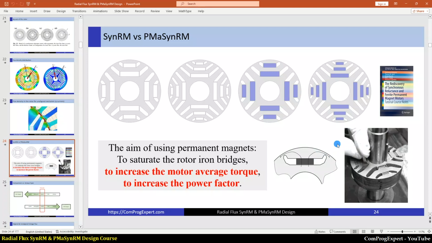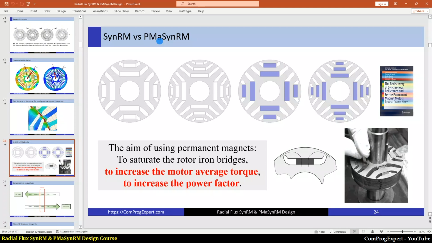And here the name is PM assisted. We are not designing an IPM motor. In an IPM motor, the main part of the output torque is alignment torque. So here in this case, the focus is on reluctance torque, and we add magnets to improve the power factor and average torque, not designing an IPM motor.